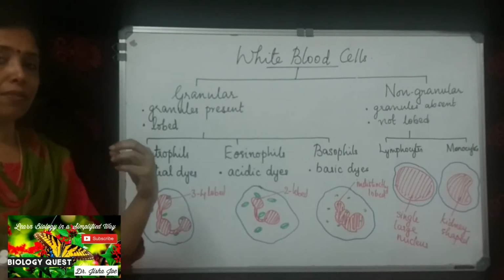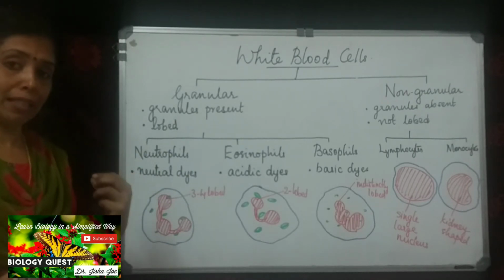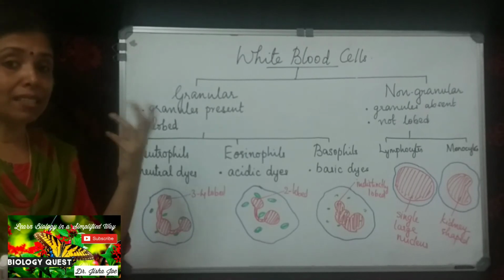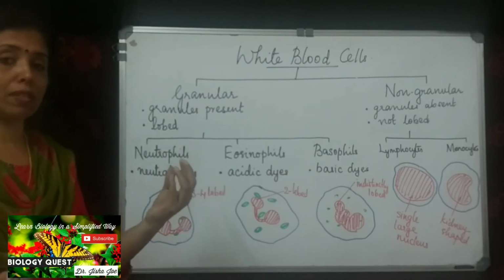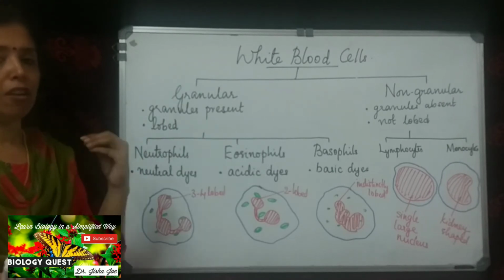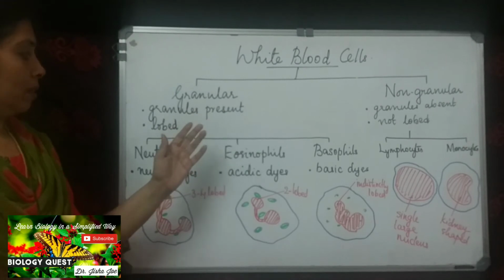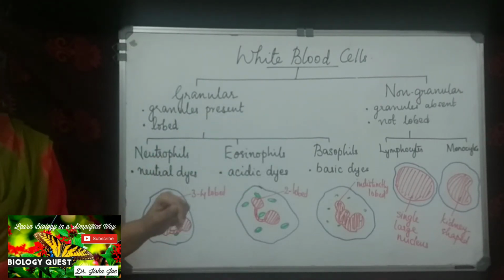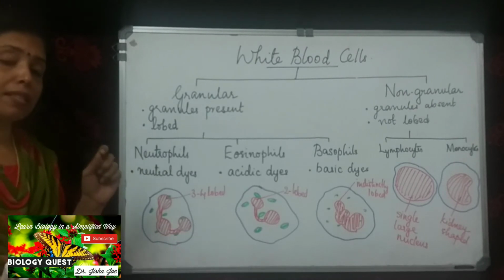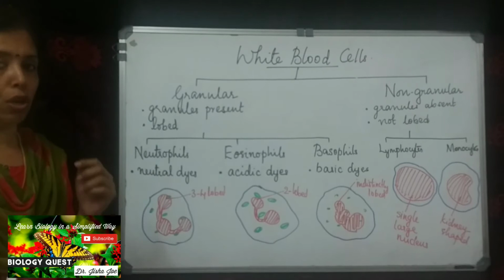In reaction to the toxins produced by the foreign body, our body produces antitoxins which react against the toxins produced by the foreign substance. So the eosinophils are also involved in the production of antitoxins. Antibodies that are produced in our body act as antitoxins there.